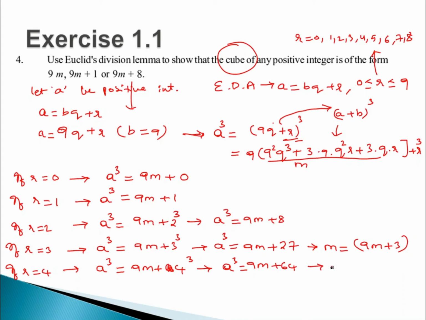Here also I am taking m, and the m value would lie between, that is, I need to assume it as 9m plus 1. Similarly, in the next one, if I am taking r equals 5, that is, a cube is equivalent to 9m plus 5 cube.